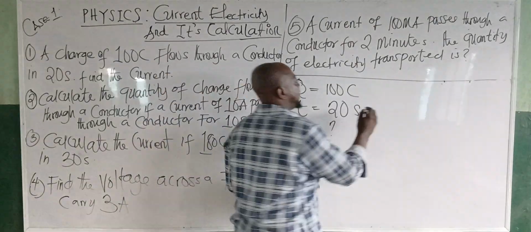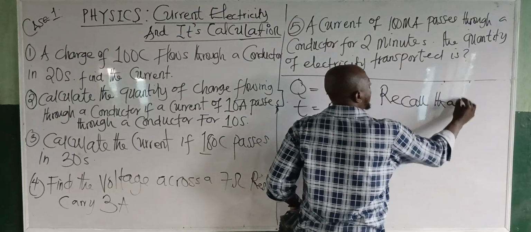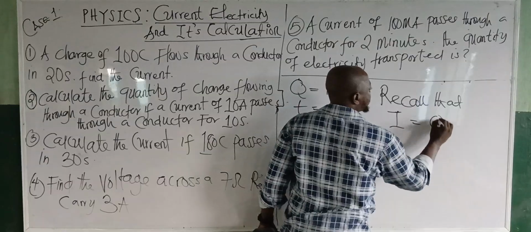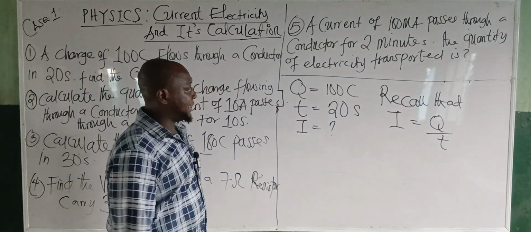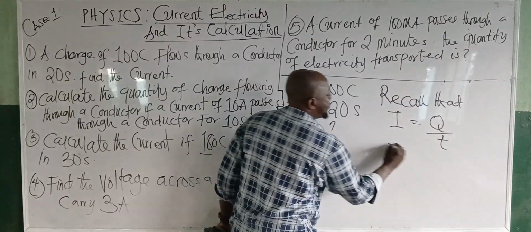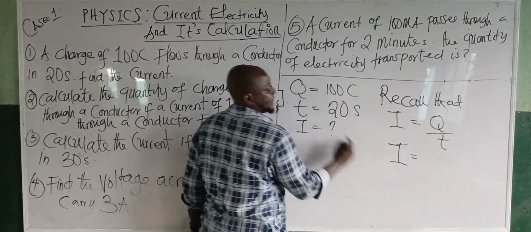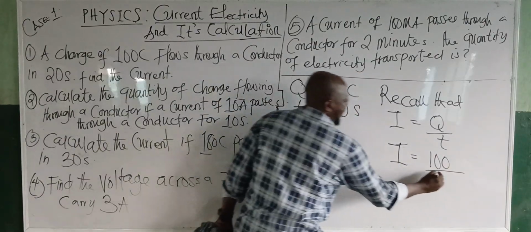We just say recall that I is equal to quantity of electricity over T. I'll put 100 here, all over time, 20 here.